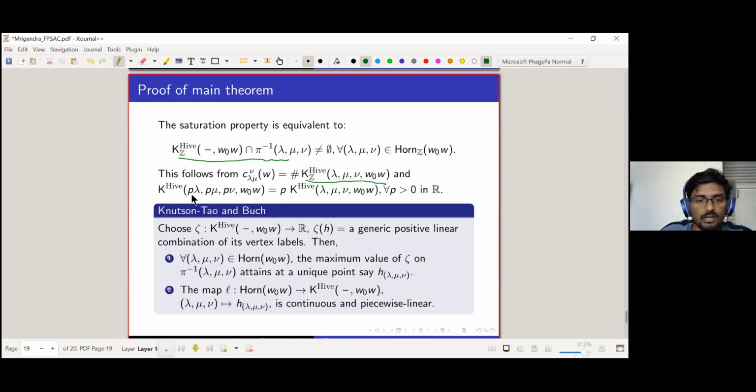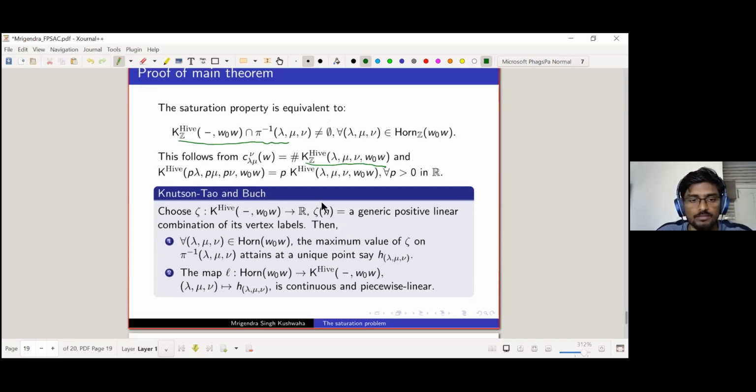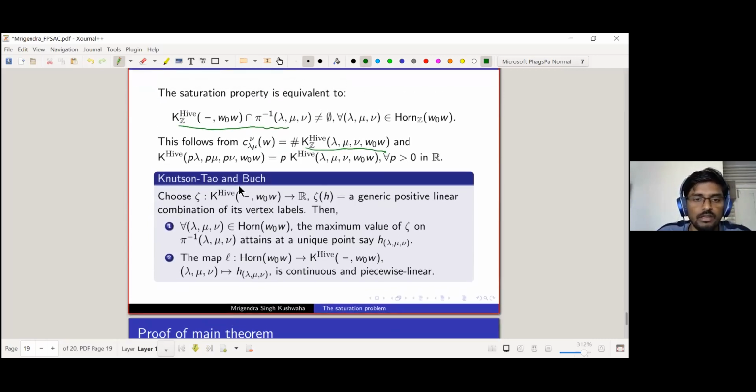We can also use the scaled version of this face: you take P lambda, P mu, P nu, then you scale this height by P and you will get this one.